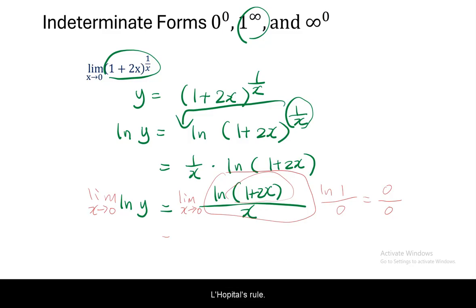Here we can use L'Hopital's rule. On top, taking the derivative of the top, you have 1 over 1 plus 2x times the derivative of 1 plus 2x, which is 2, over the bottom, the derivative of the bottom, which is 1.